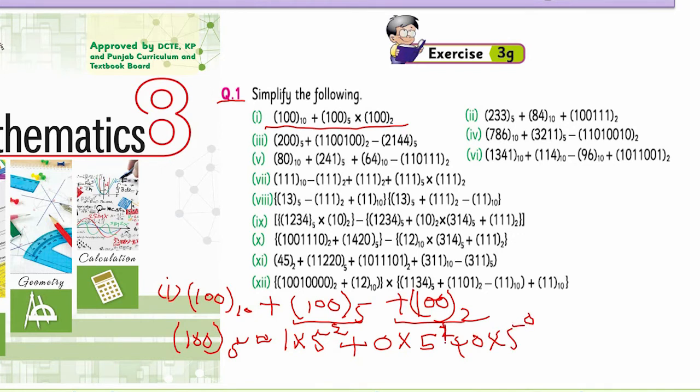So here 1, and these other two terms will become 0, because when we multiply any number or digit with 0, we have 0 as the result.